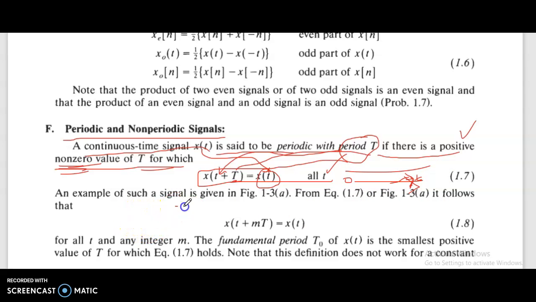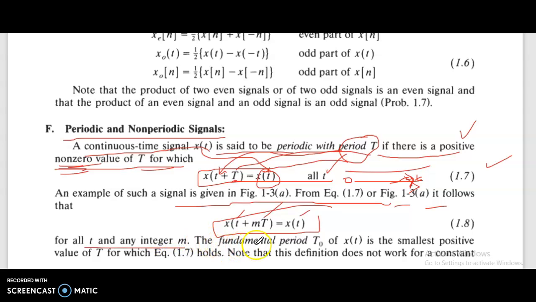An example of such a signal is given by figure 1.3a. It follows that x of t plus mT is equal to x of t for all t and any integer m.